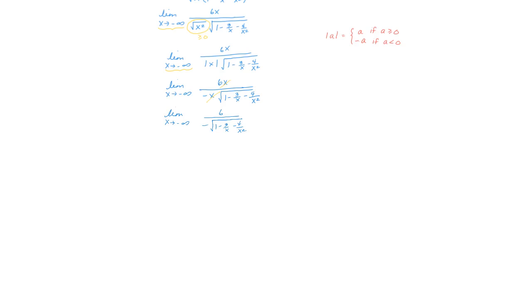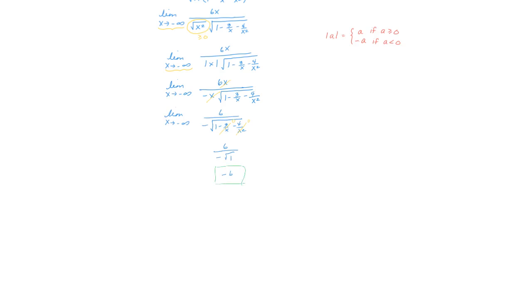Okay, now I think I'm ready to evaluate this. These fractions, remember these are going to go to 0. So this limit is actually going to be equal to 6 over negative square root of 1, which is just equal to negative 6.